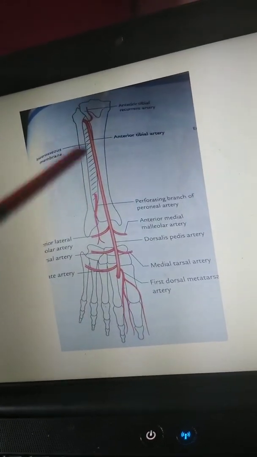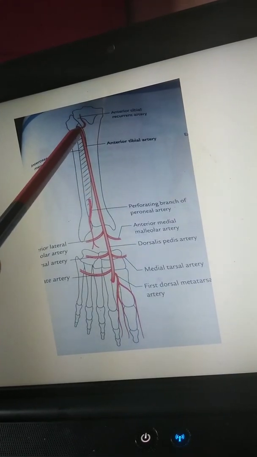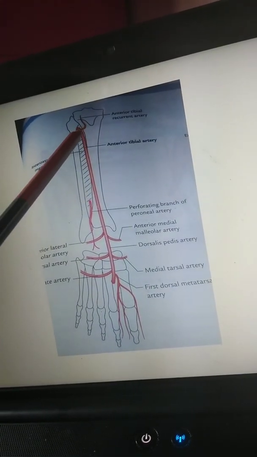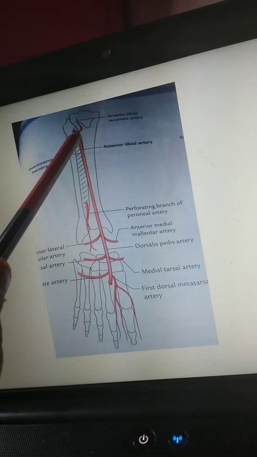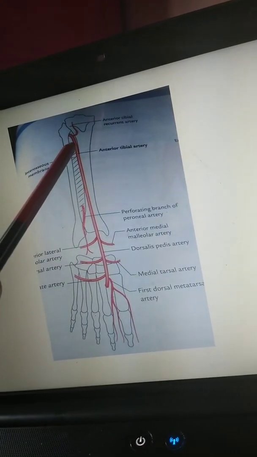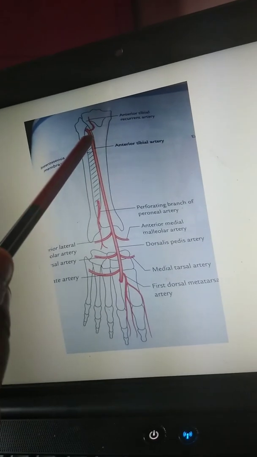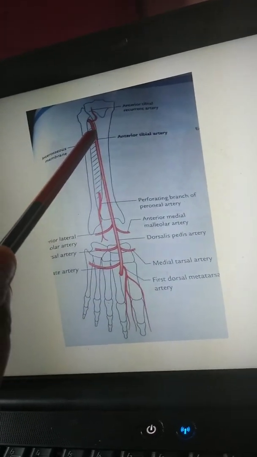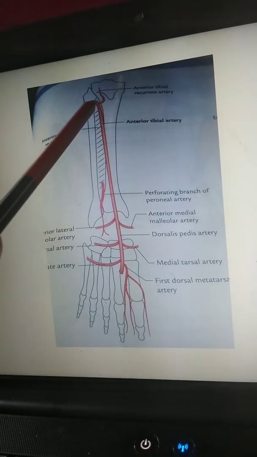The anterior tibial artery is the smaller terminal branch of the popliteal artery given at the lower border of the popliteus muscle. It begins in the back of the leg at the lower border of popliteus. It enters the anterior compartment of the leg by passing forwards between the 2 heads of tibialis posterior through an opening in the upper part of the interosseous membrane.